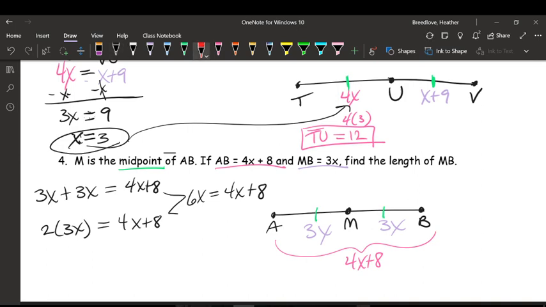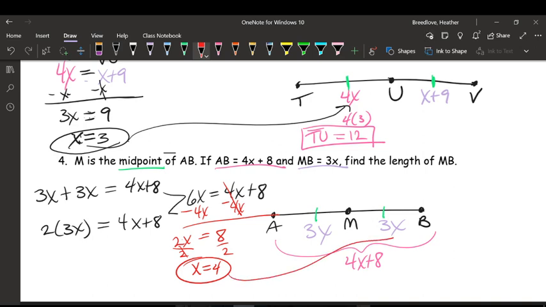And then I solve from there. I subtract 4x to get the x's to one side. So I have 2x equals 8. And then divide by 2. So x equals 4. But I need to find the length of MB.